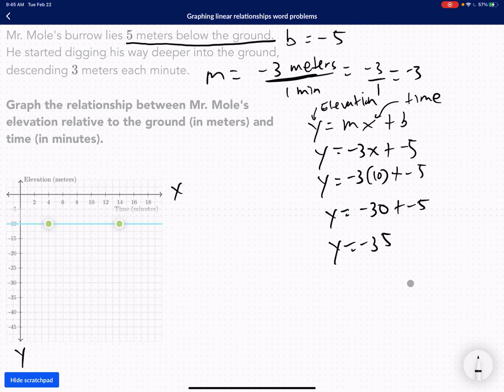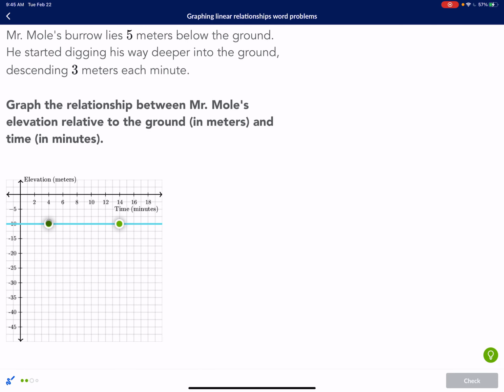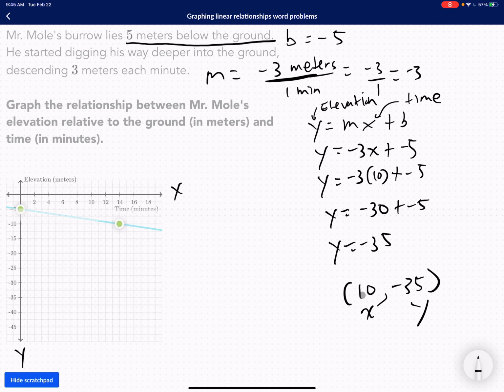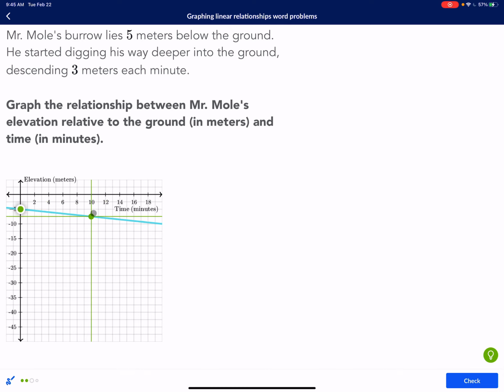So at 10 minutes, he dug -35 meters. My x value comes first, and then my y value, which is -35, comes second. So it's going to be (10, -35). My y-intercept is -5, and then after 10 minutes, he goes down to -35. And voila, this is the graph right there. We check it, and we're good.